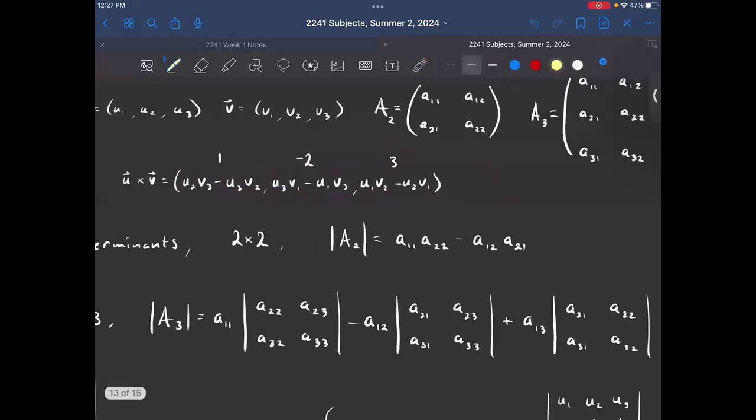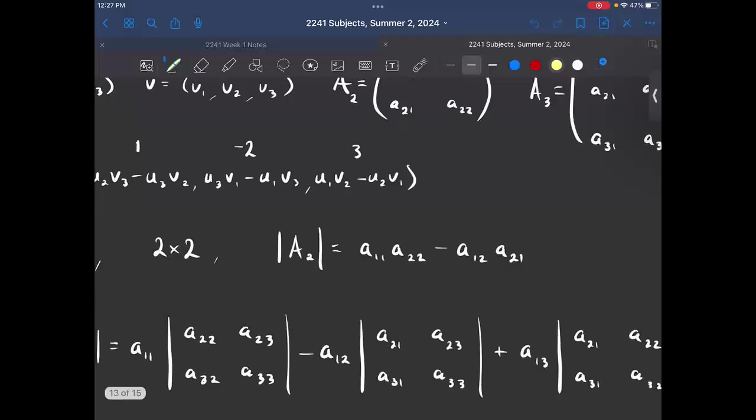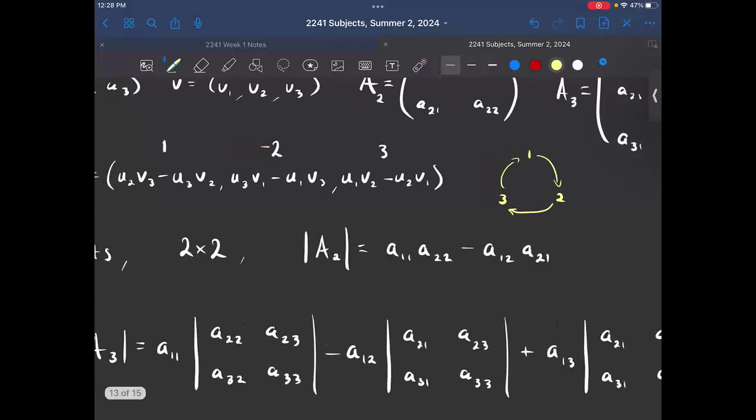There is another way that we can think of this so that you don't have to remember that minus sign. What you can do is draw out the numbers 1, 2, and 3, and then draw some arrows between them. So 1 going to 2, 2 going to 3, and then 3 going to 1. And so these arrows now tell you the order in which you see those first terms.